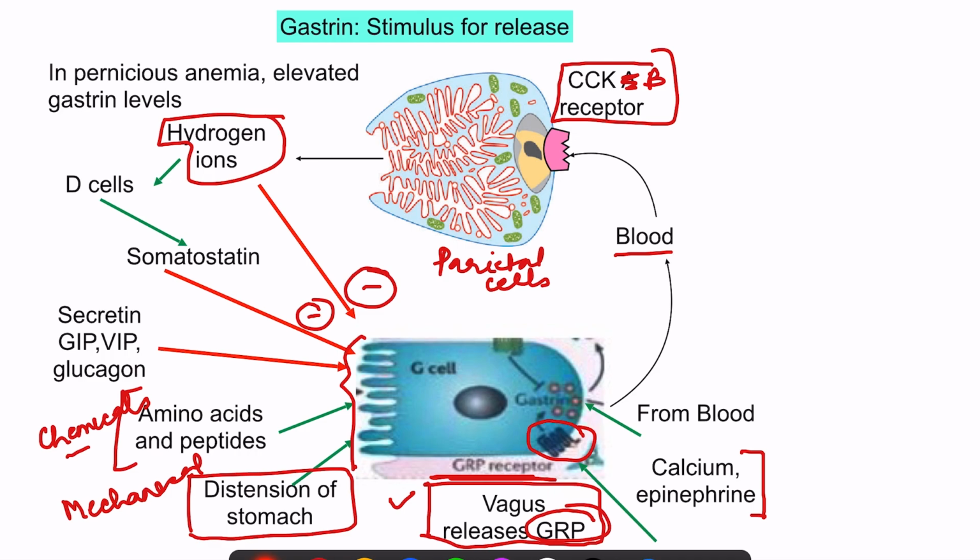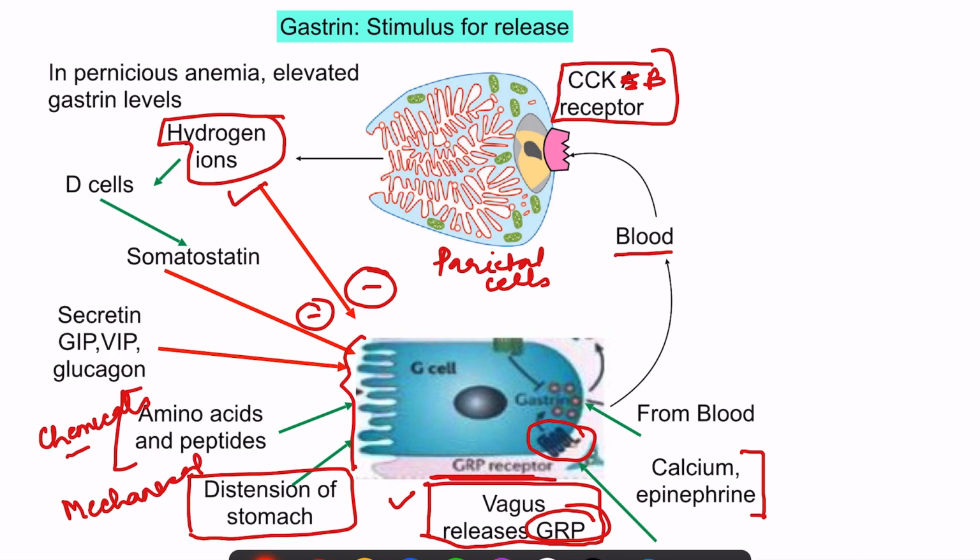Okay, so these are the inhibitory effects. That is a negative feedback effect mainly from the hydrochloric acid which is released from the parietal cells. So negative feedback inhibits the gastrin, and also there are hormones which are released in the small intestine. They enter into the blood and they also inhibit the gastrin secretion.